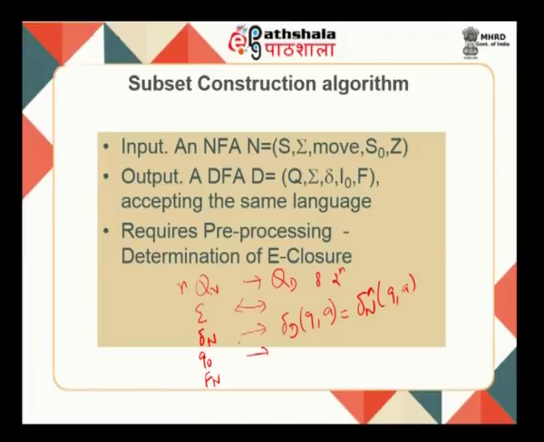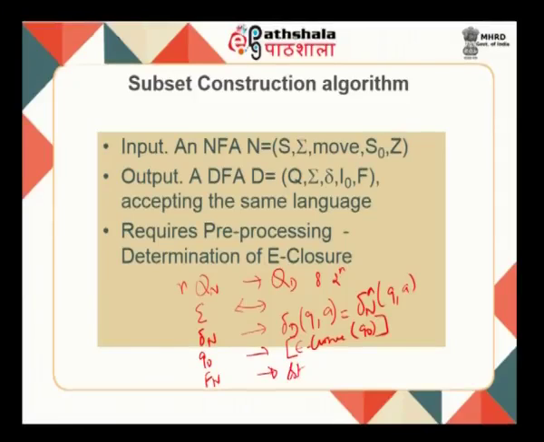The start state of your DFA will be the epsilon closure of the NFA's start state. That is your start state of your DFA, and the final states will be the states containing the final state component.